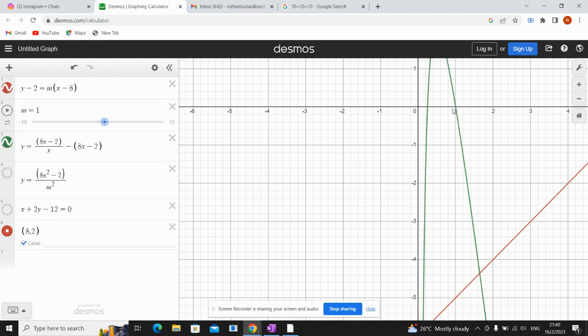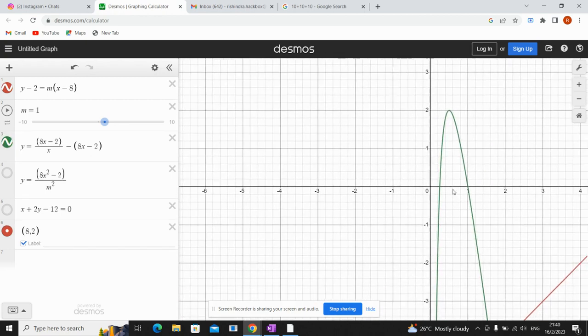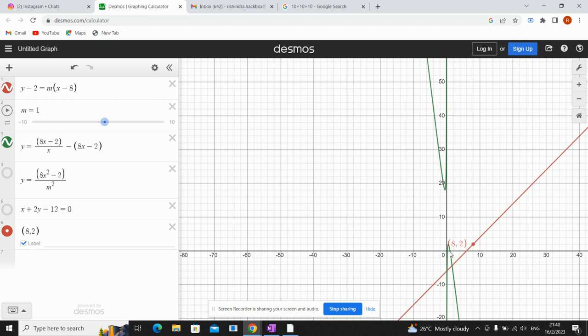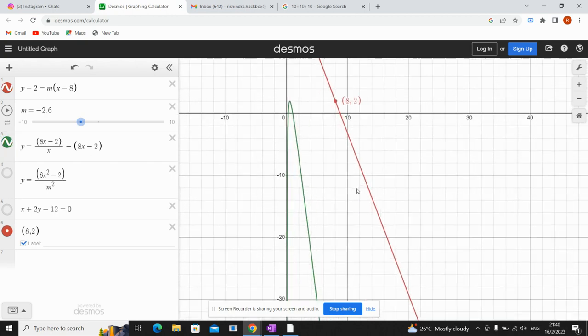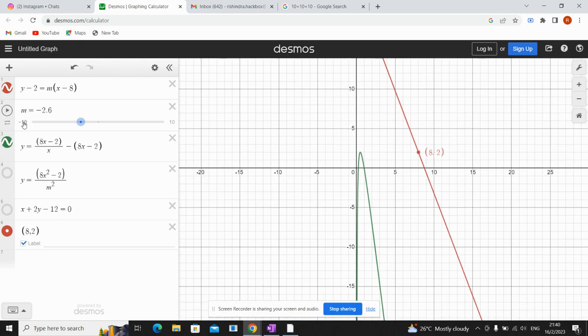When we add those two together, look here, (1, 0) on this graph, which means if the slope is 1, the sum will be 0. These two graphs indicate that. For the time being, we have to ignore the right side of this green graph, so we should only take the negative x-axis.